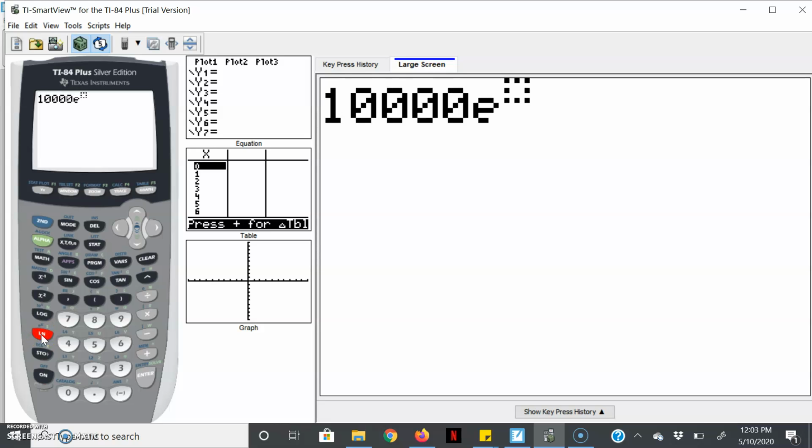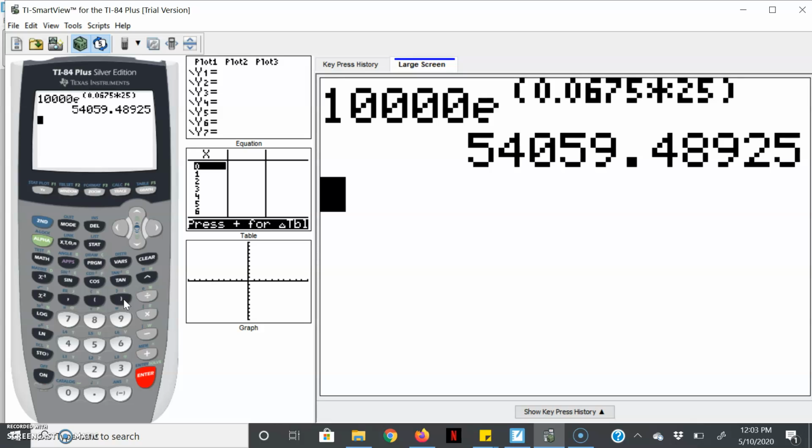It will give us E, and it will automatically raise it to an exponent, which is pretty cool. Close, open up that parentheses, 0.0675 times the number of years, 25. Close that parenthesis, press enter, and we get $54,059, round to the nearest penny, 49 cents.